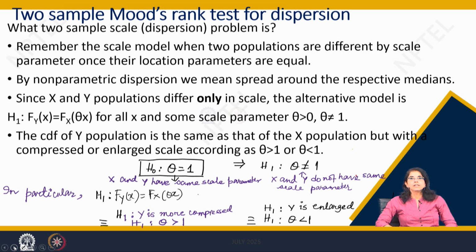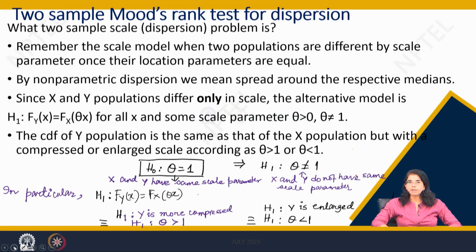So what is the two sample scale problem? Remember the scale model: two populations differ by scale parameter when their location parameters are equal. That is the essential point: subject to the condition that their location parameters are the same, you are checking whether the two populations differ by their scale parameter. By non-parametric dispersion, we mean the spread, the scatteredness around the respective medians.